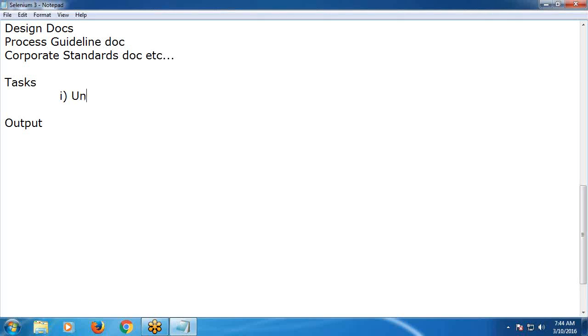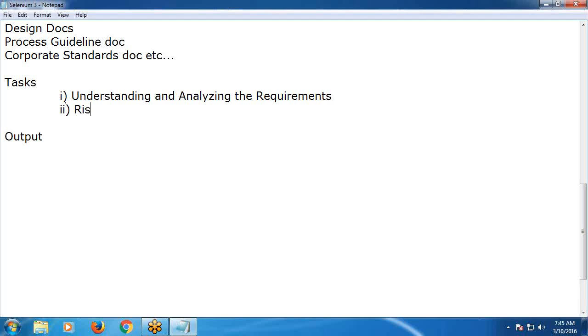Yes, first understanding and analyzing the requirements. Next, feasibility study, risk analysis.